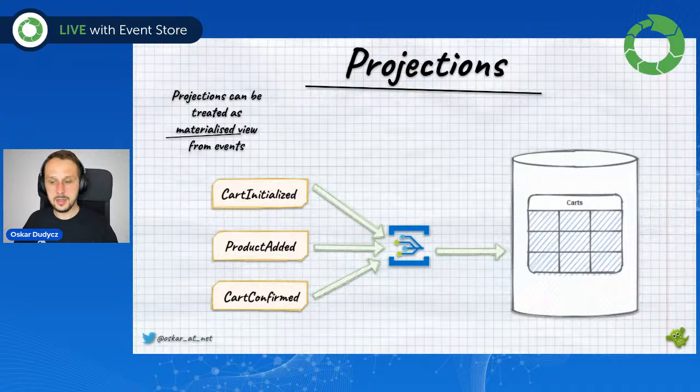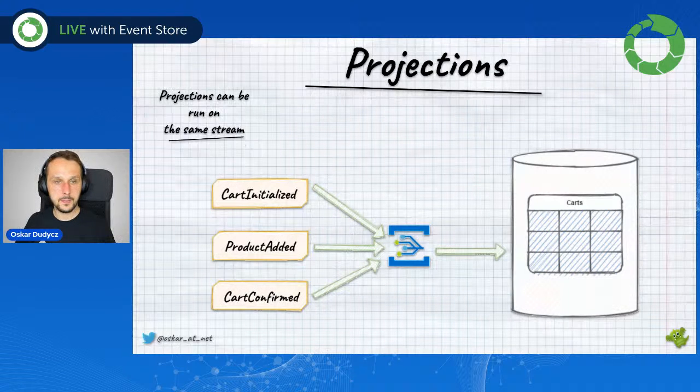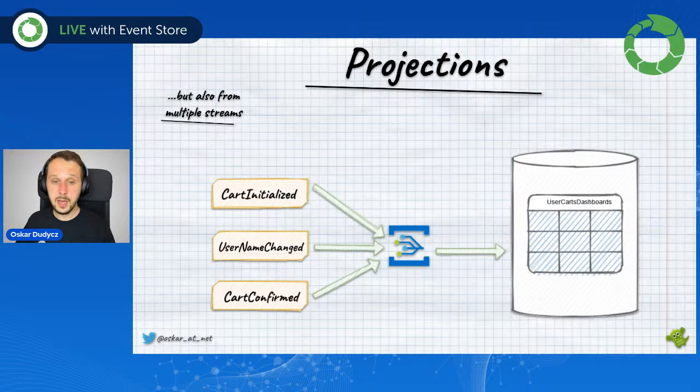We just intend to get the latest state of the particular entity. For that, we can take a set of events, like all of the events from our stream, and build the flattened classical record and store it in, for example, a relational database, Elasticsearch, or any other database. As I mentioned, it can be from a single stream, but also from multiple streams.